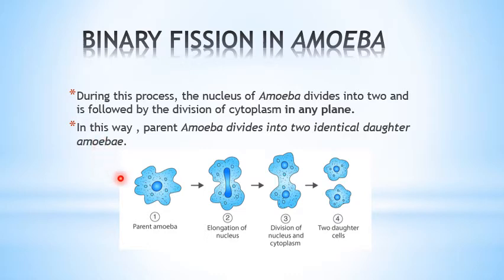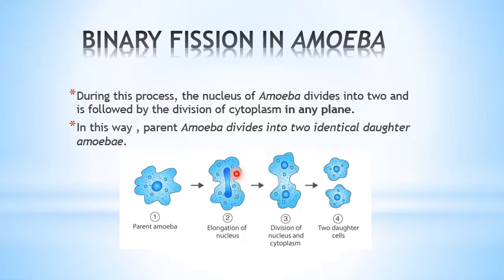Now in this picture you can see this is the nucleus, this is the pseudopodia, and when binary fission starts, meaning when reproduction begins, when the cell has attained the maximum size, first the division of the nucleus takes place, that is the elongation of the nucleus, followed by the division of the cytoplasm.